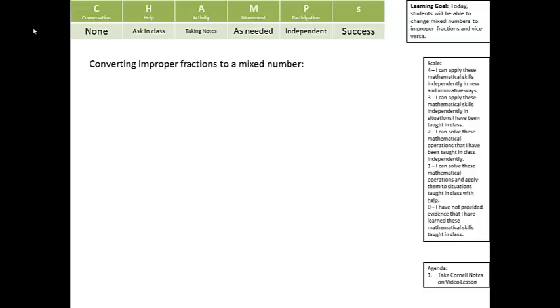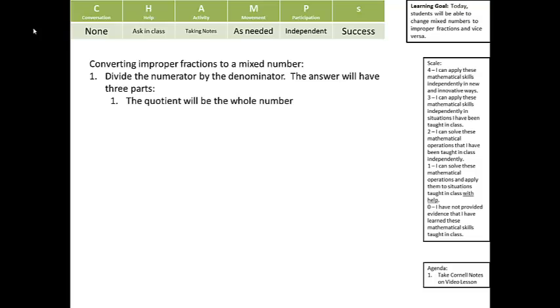Alright, so our learning goal says that we're going to learn how to go both directions. So the second way that we're going to learn how to solve these problems is we're going to convert improper fractions to mixed numbers. The first step when we do this is we're going to divide the numerator by the denominator, and our answer is going to have 3 parts.